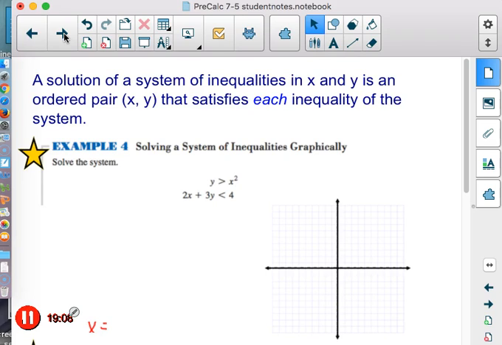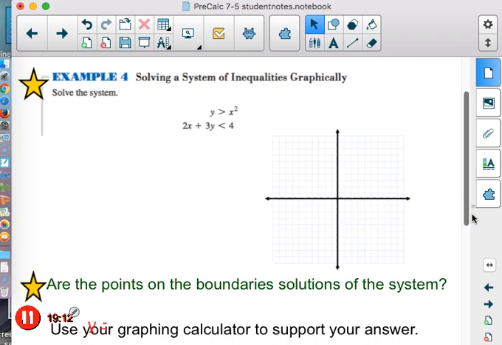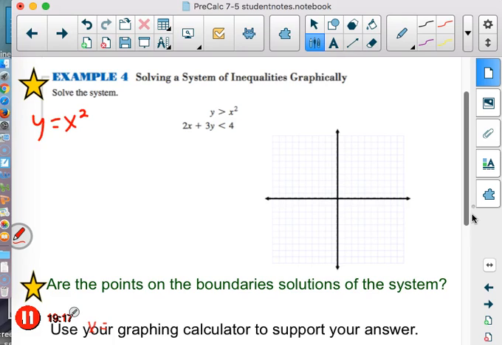So this one says, let's solve this system graphically. Okay, let's see here. So boundary for the top one would be y equals x squared. Well, we just used that to do the last one. Remember our little parent? 0, 0, 1, 1, 2, 4, 3, 9. Yeah, that's the one we need to graph.